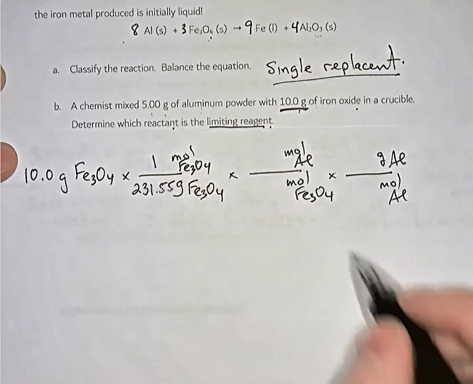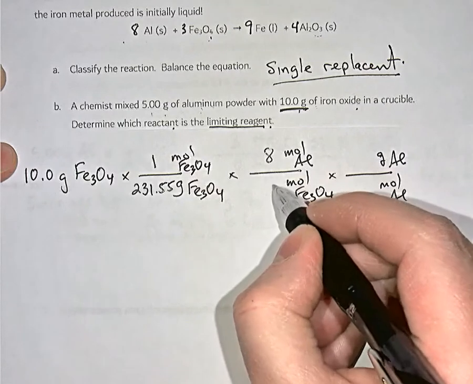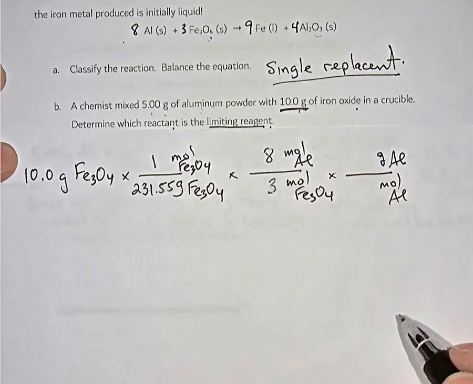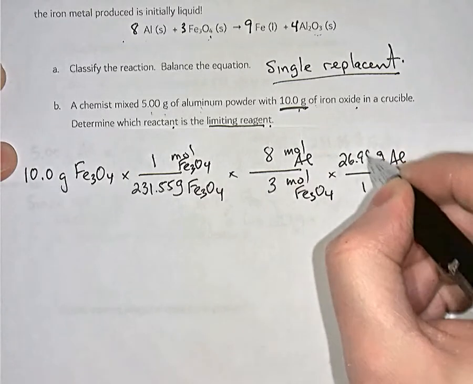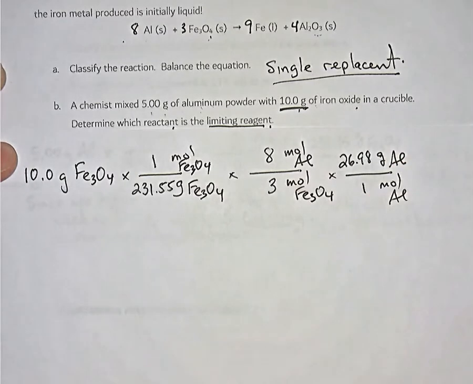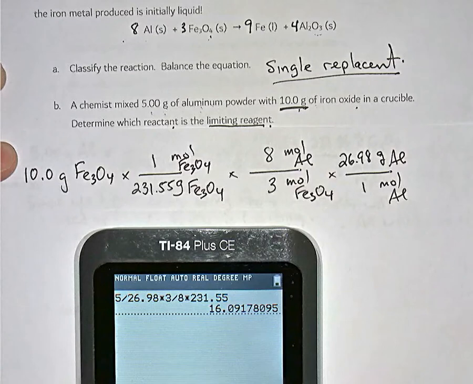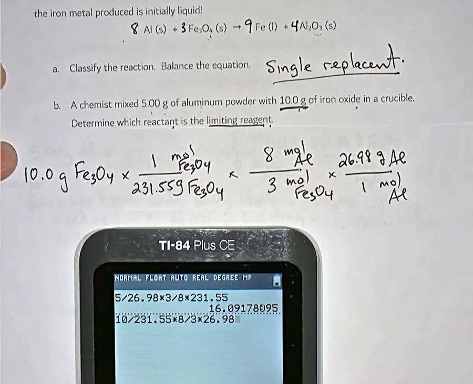From the balanced equation, 8 moles of aluminum will react with 3 moles of iron oxide, and 1 mole of aluminum weighs 26.98 grams. So on my calculator this time, I'll take 10, divide by 231.55, multiply by 8 and divide by 3, and times by 26.98 equals.